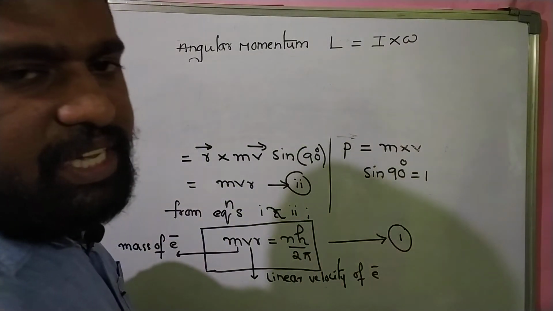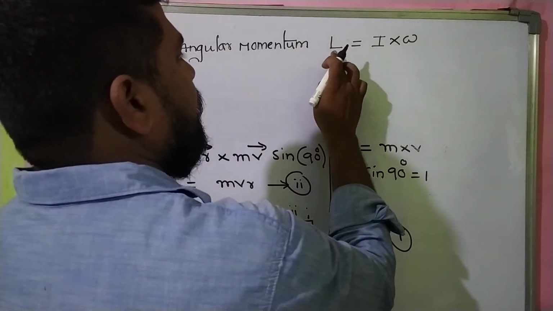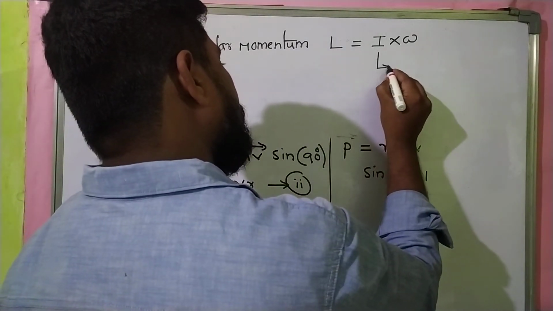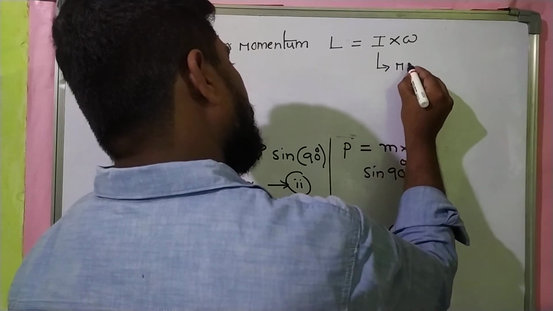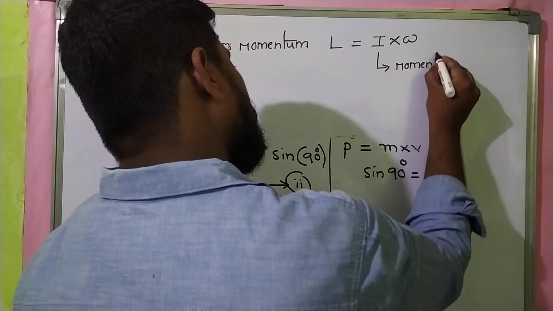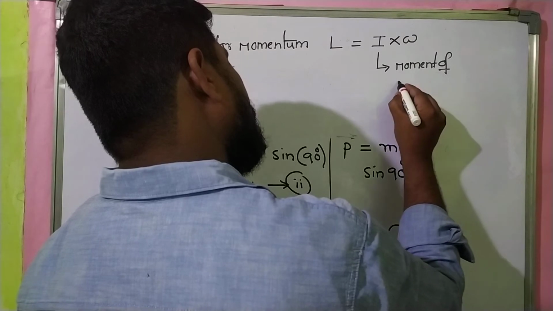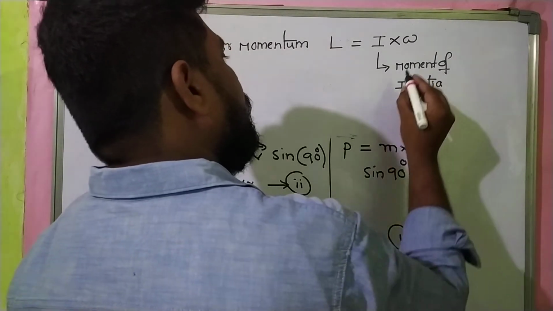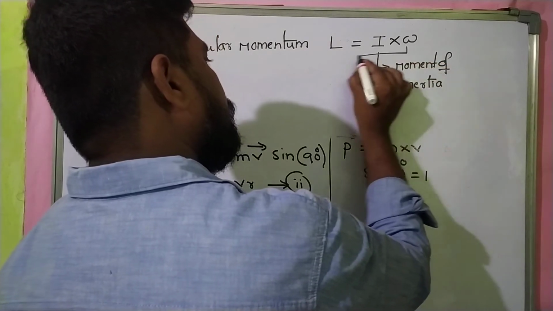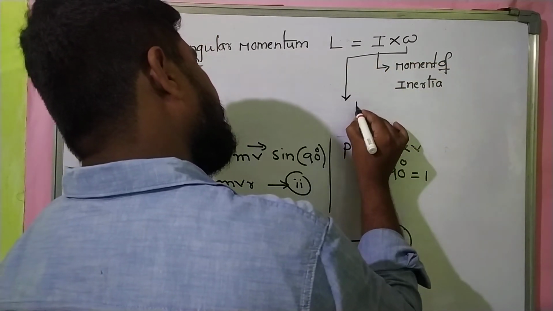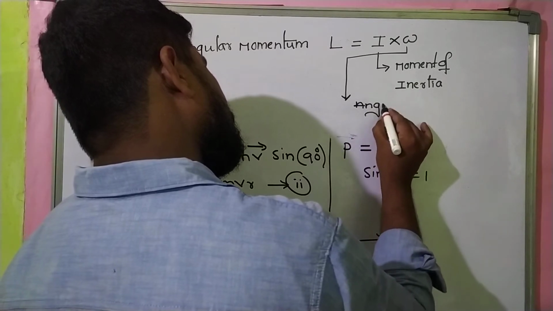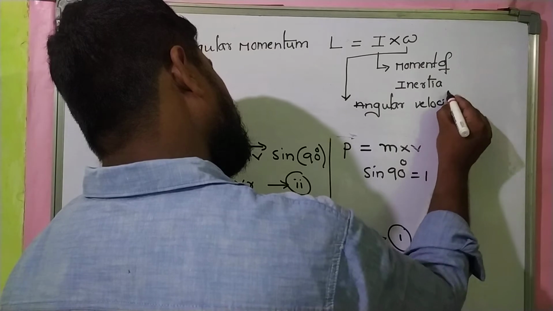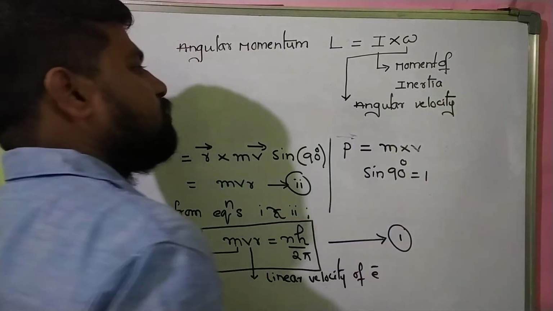Here L equal to angular momentum, I equal to moment of inertia, and omega equal to angular velocity. Very very important.